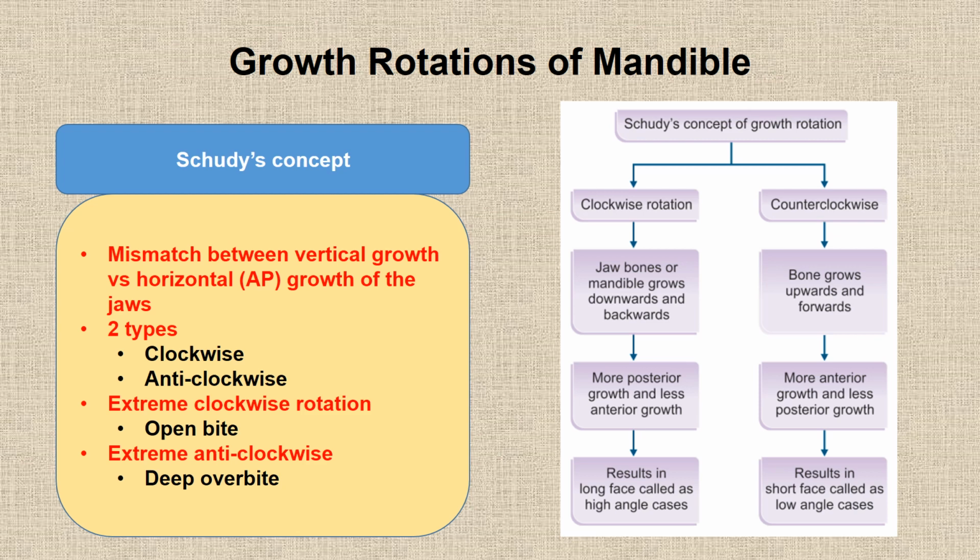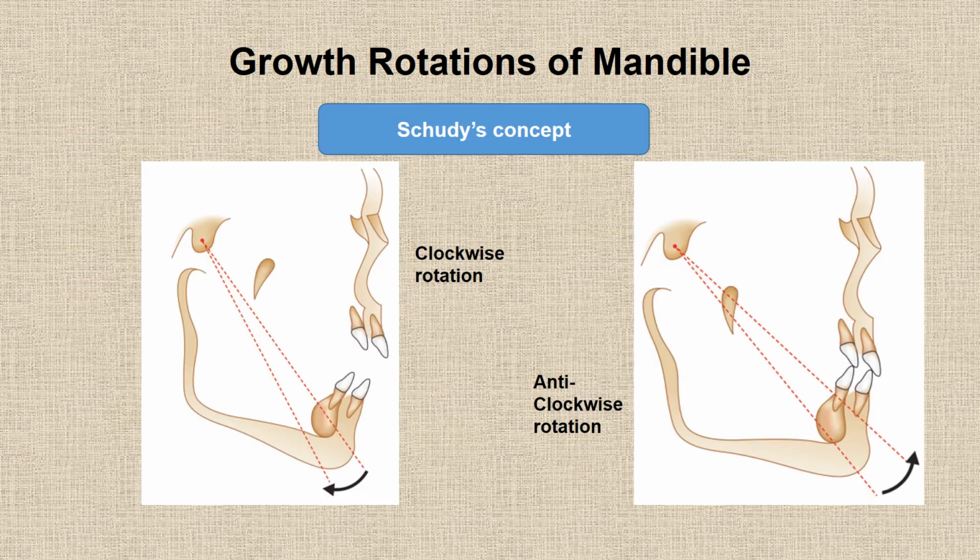There are two types, either a clockwise rotation or an anti-clockwise rotation. Extreme clockwise rotation can give rise to an open bite, whereas extreme anti-clockwise rotation gives rise to a deep overbite. Clockwise rotation is this, and this is anti-clockwise rotation.